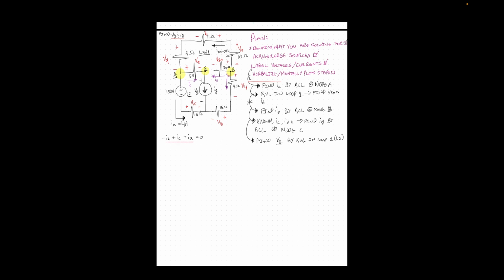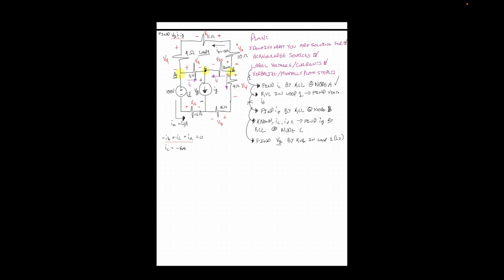I'm doing this solely based on my passive sign convention. I say that IB is entering, therefore I denote it as a negative. I say IC is leaving, so I put it as a positive. I put IA because it's leaving. All right. In solving this, based on the values of -2 and 4, I get that IC equals -6 amps. All right. So that is done.